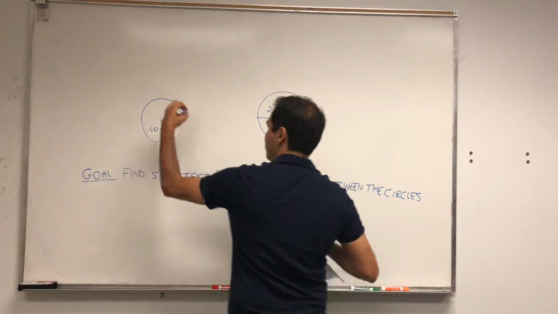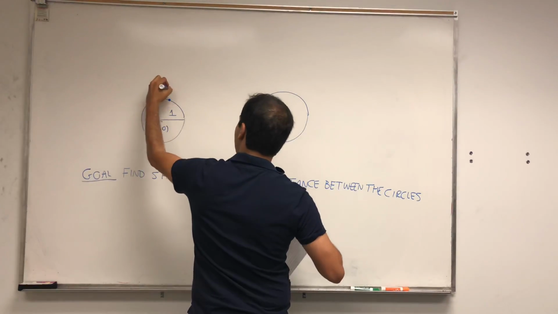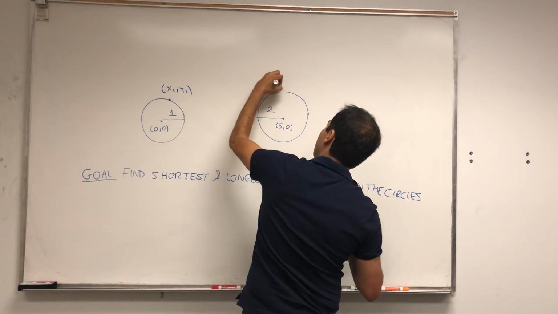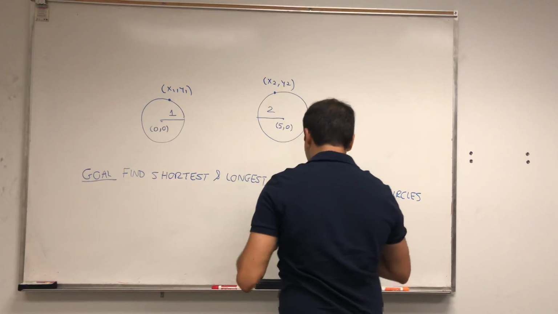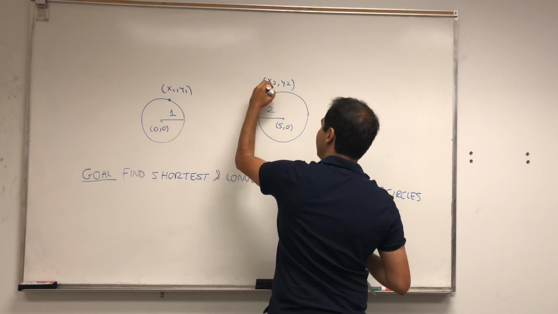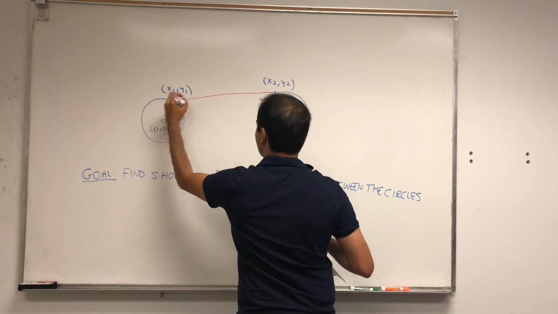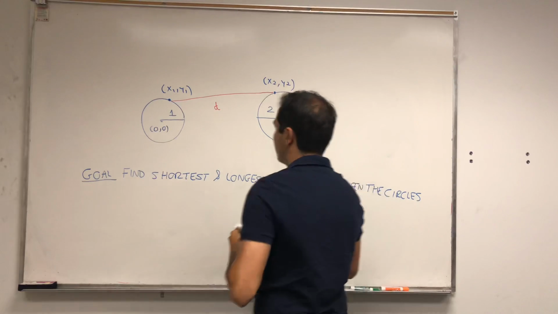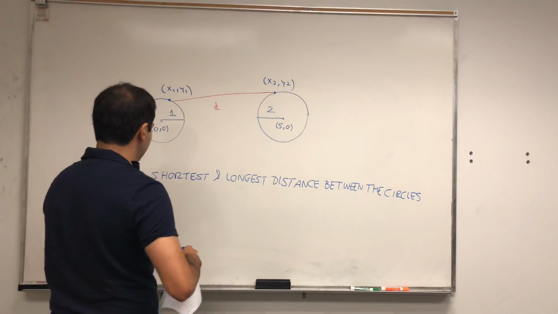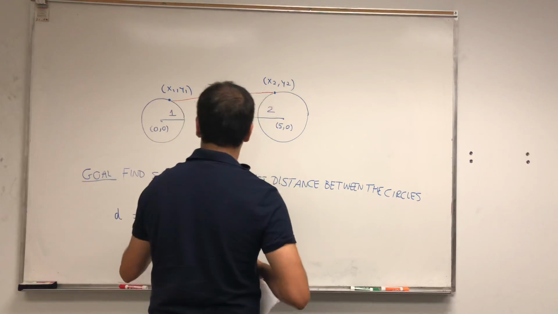It means that suppose you have a point here x1, y1 and a point x2, y2. We want to really maximize and minimize the distance between the two. D, which if you like is just given by the square root of the sum of squares of the two.